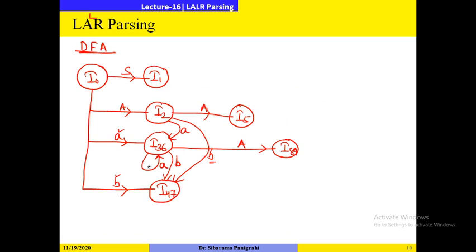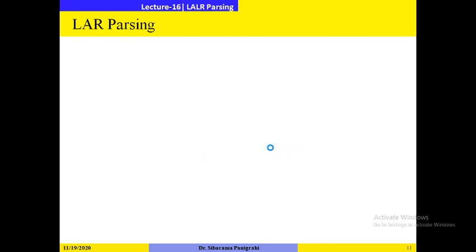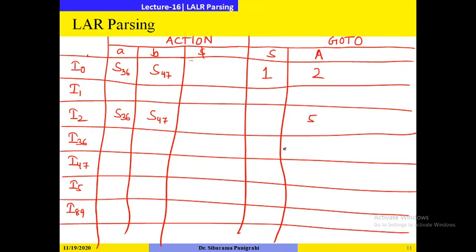Next, I3 by taking capital A as input, it goes to I89, so here I will write 89. Okay.